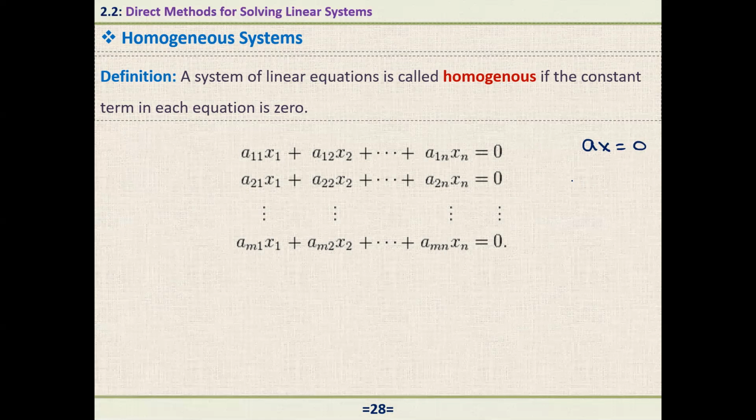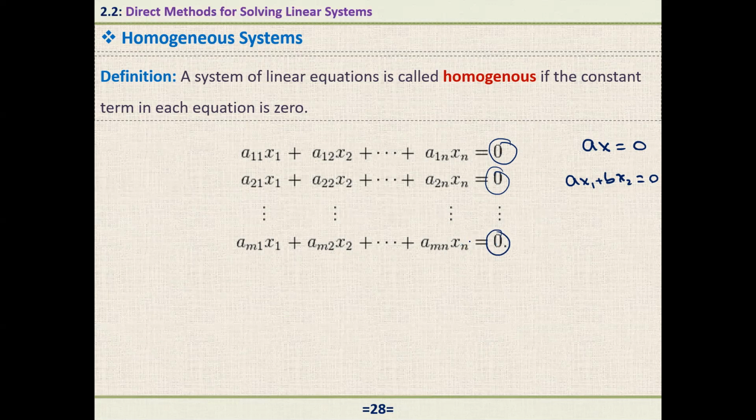With two variables, ax1 plus bx2 equals 0 is also a homogeneous equation. And if we have a system of linear equations where all the constant terms are 0, then we call this a homogeneous system.